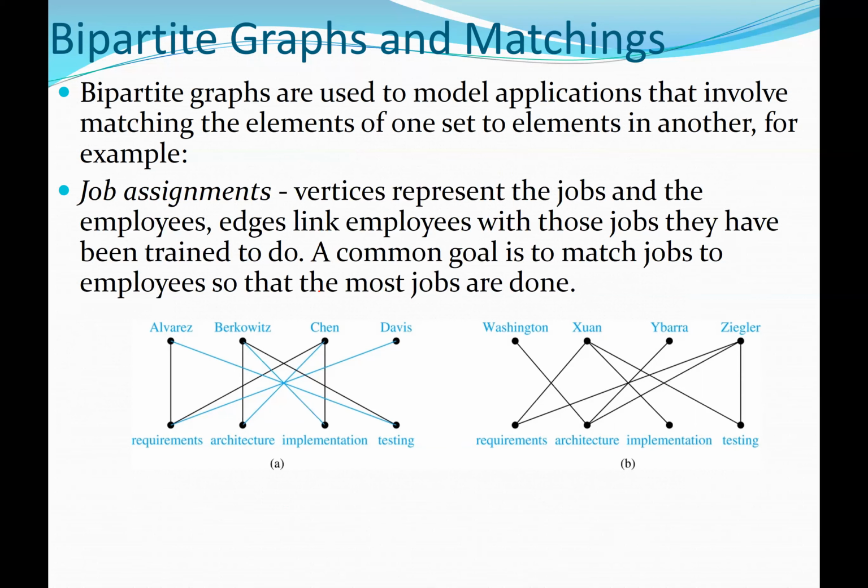Elvis can do requirements, and Elvis can also do testing. Pekovic can do architecture, implementation, and testing, right? That's the idea. You can use that to model job assignment, things like that.